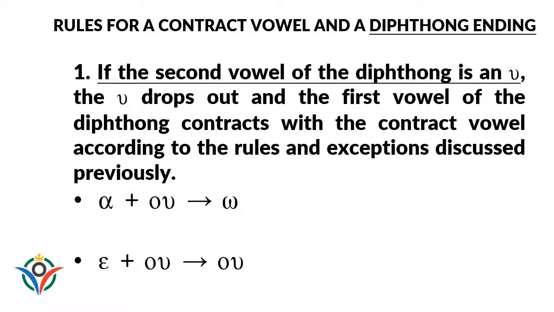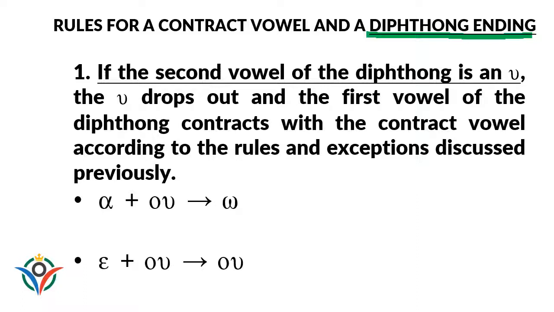Let us now take a look at our next big rule, which is rules for a contract vowel and a diphthong ending. So previously we looked at single vowel endings. Now we have a diphthong ending. And remember in the first lesson we looked at diphthongs. A diphthong is two vowels that are next to each other that are pronounced as one syllable.